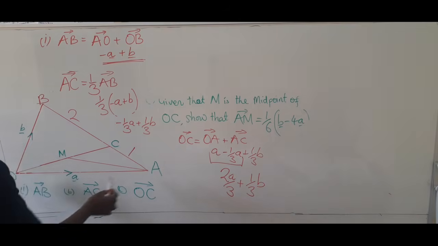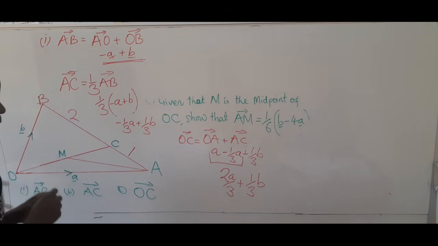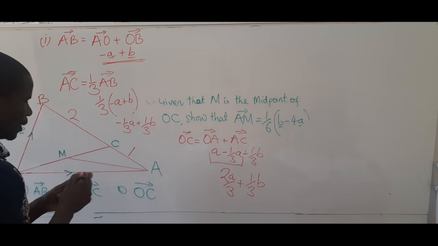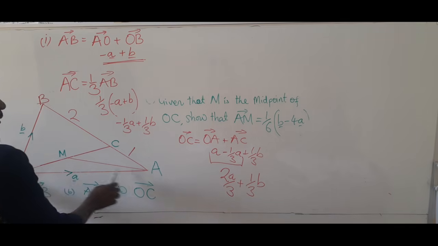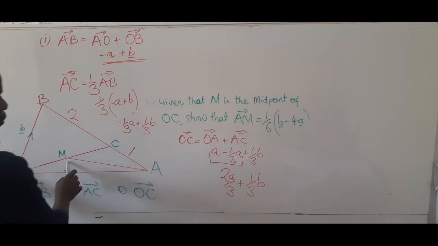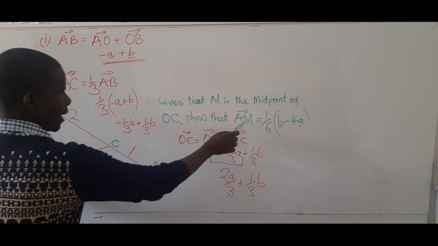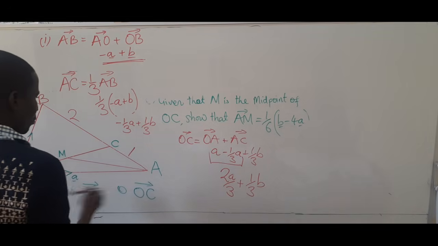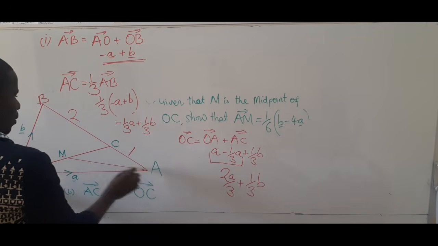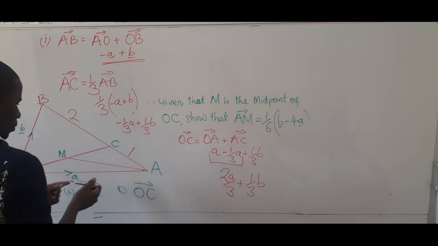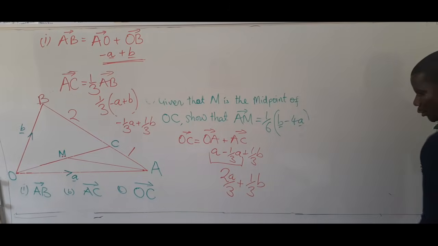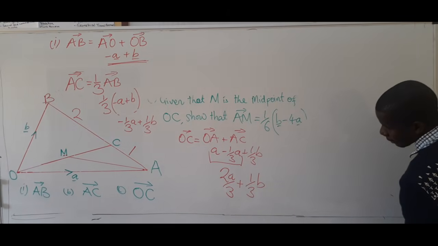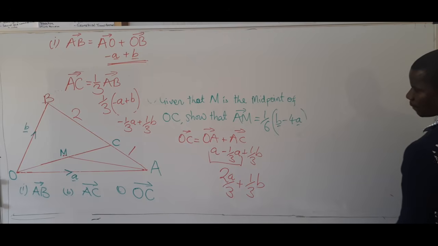So, AM. Meaning we need to say, this is what we are given here. If M is the midpoint, show that AM is equal to this one. So how do we find AM? That is one thing that we are supposed to do.